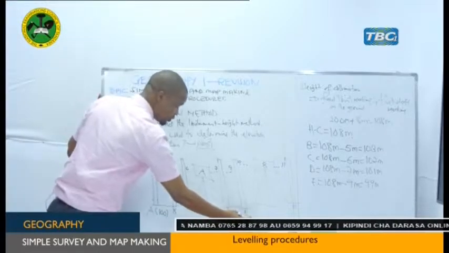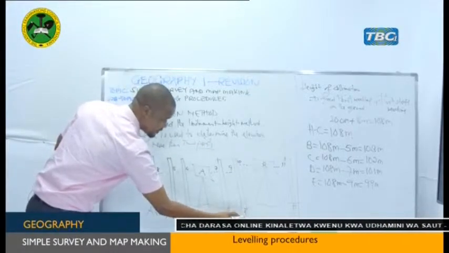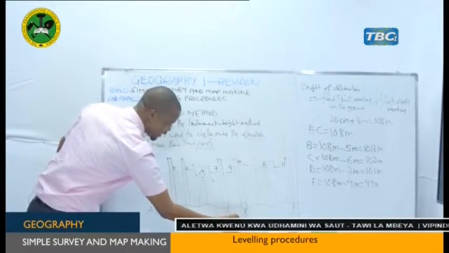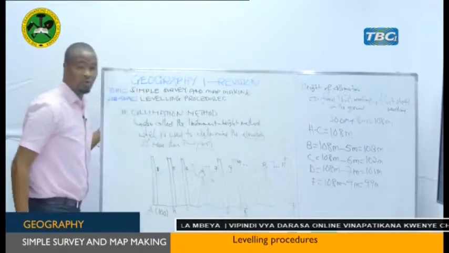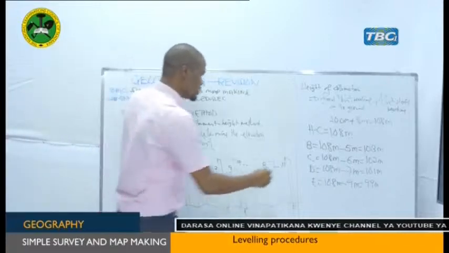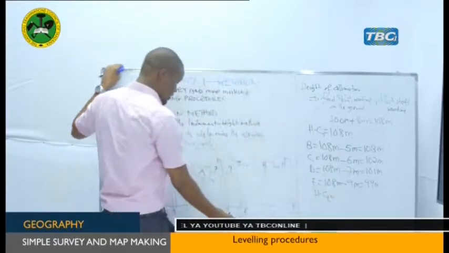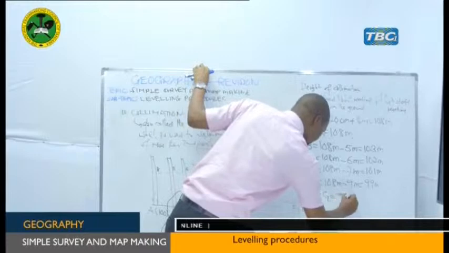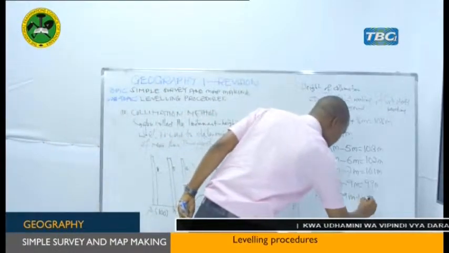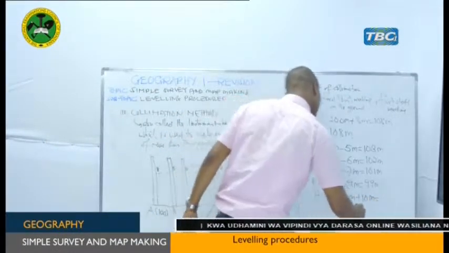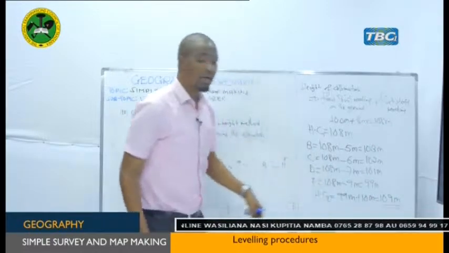Because it is a changing point, we have to find the new height of collimation by taking the fixed point reading on the ground at point E, which is 99 meters, plus the staff reading at point E, which is 10 meters. This we call the first height of collimation, and the second height of collimation is equal to 109 meters.